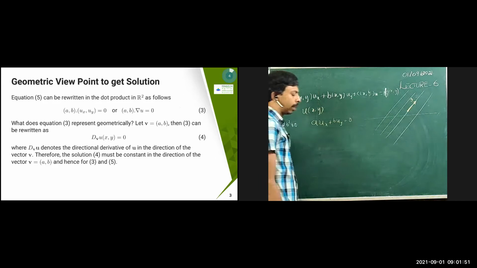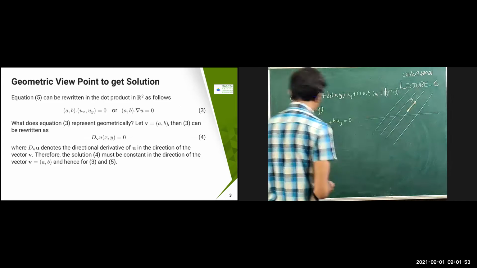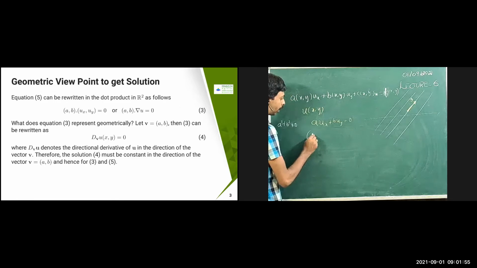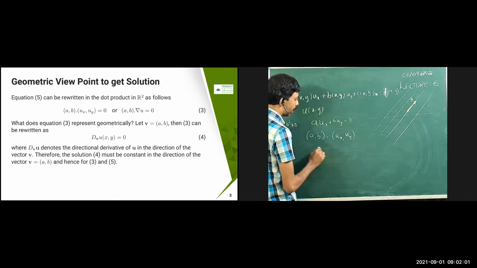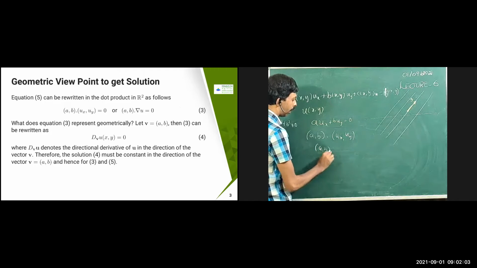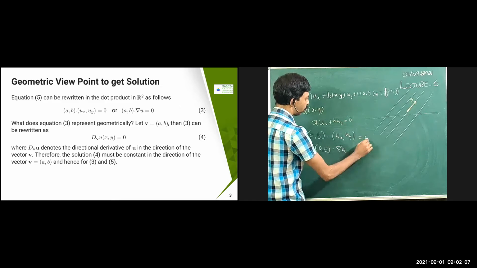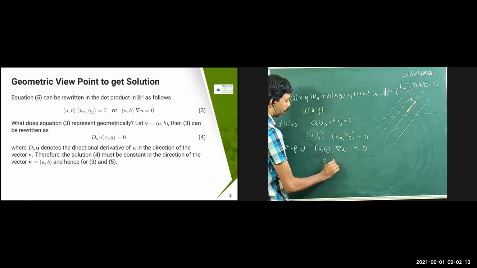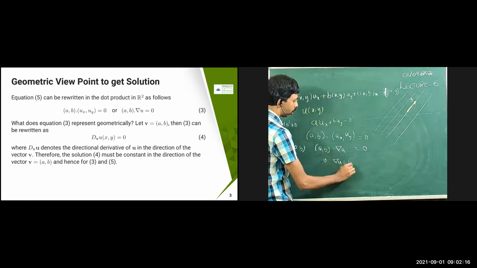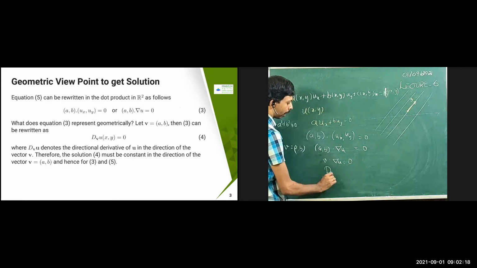As I explained in the last class, this problem can be written as (a, b) dot (u_x, u_y), which is (a, b) dot del u equal to 0. Denoting v equal to (a, b), this is v dot del u equal to 0, which I can still write as D_v u equal to 0, the directional derivative.